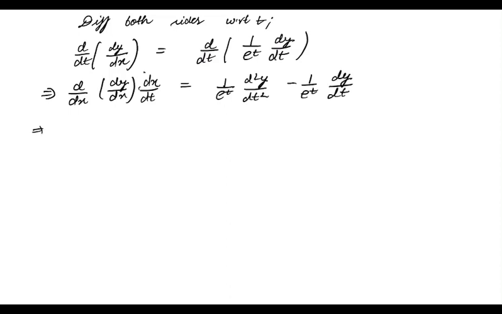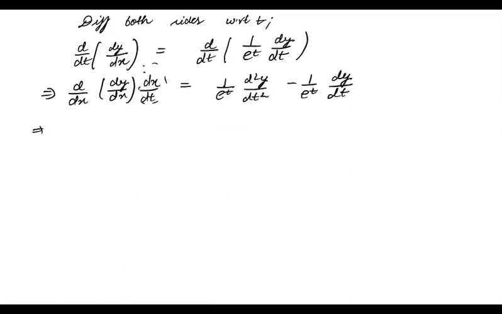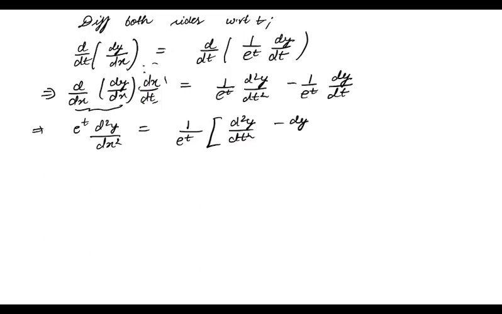Now we know that dx by dt is nothing but exponential t, so we can write exponential t, and this will become d2y by dx square. This will become d2y by dx square, and from the right hand side we can take out 1 by exponential t common, so we'll get d2y by dt square minus dy by dt. Okay, now this will make exponential 2t d2y by dx square.